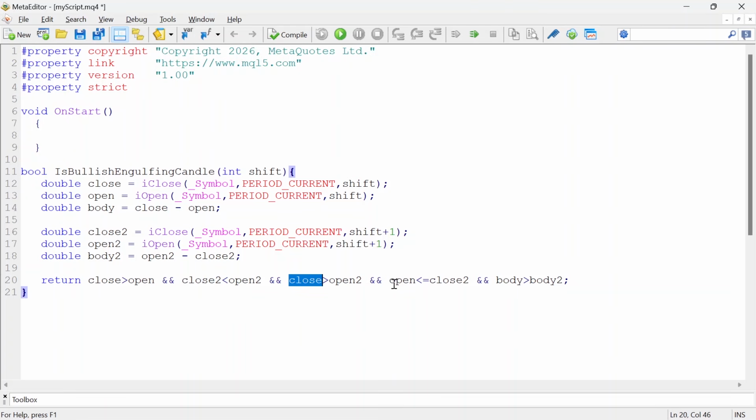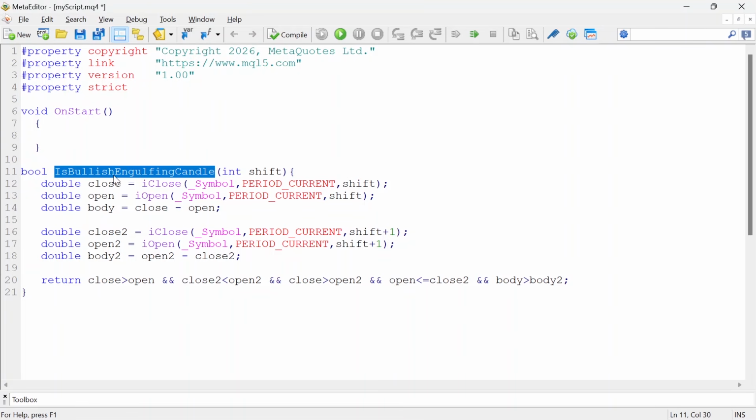Then we want to be sure that the opening of that bullish candle is lower or equal to the close of the previous candle. Then we want to be sure that the candle on the right hand side has a bigger body than the one on the left hand side, right? That's simply the way to know if a candle is a bullish engulfing candle or not.